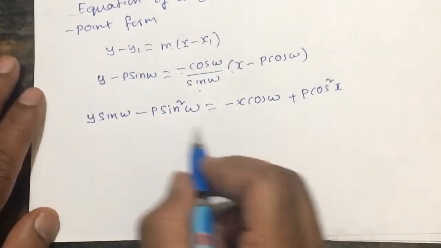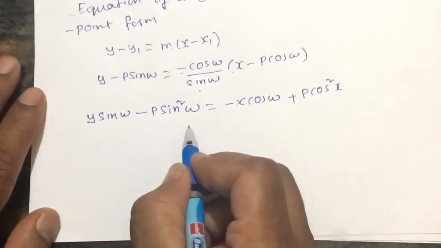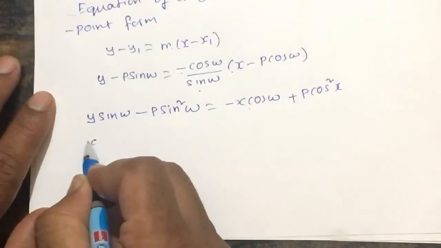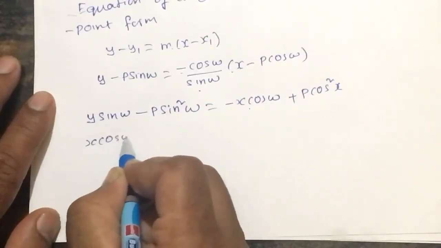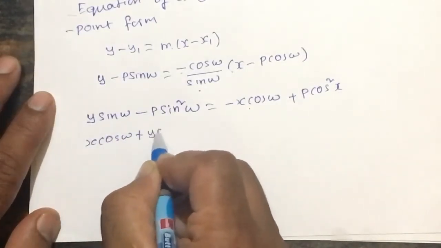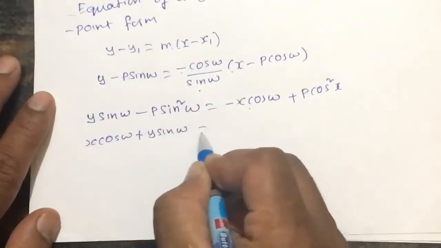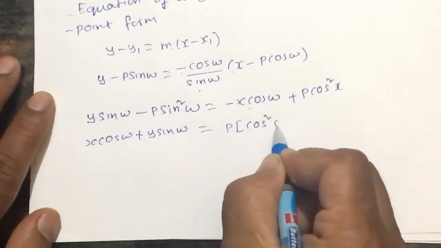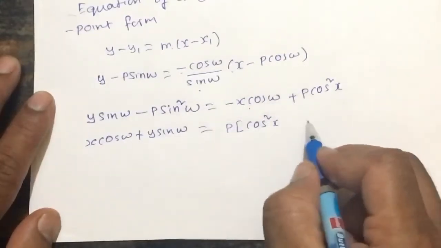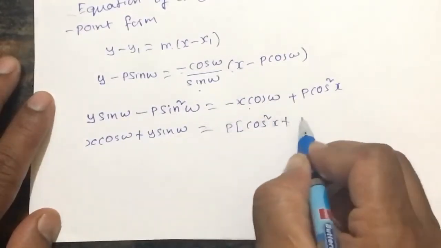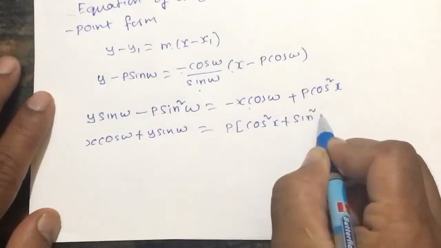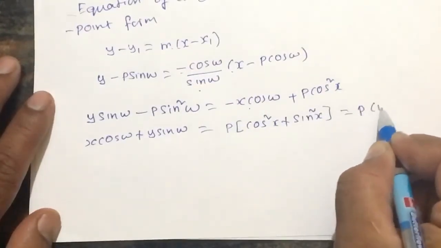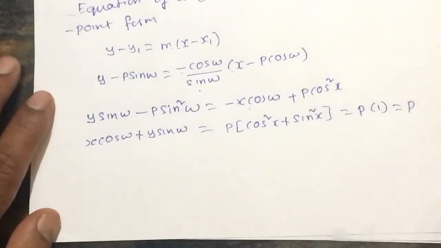So what I can do now is bring these squares to one side. Doing this, I get x cos omega plus y sin omega is equal to, if I take p common, p into cos square omega plus sin square omega. Sin square plus cos square is 1, therefore it is p into 1, which is equal to p.